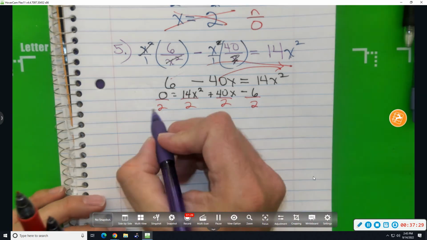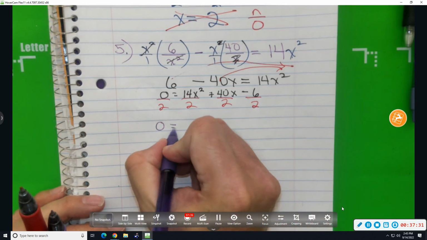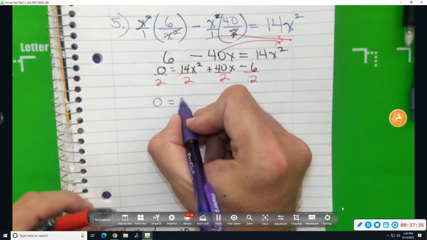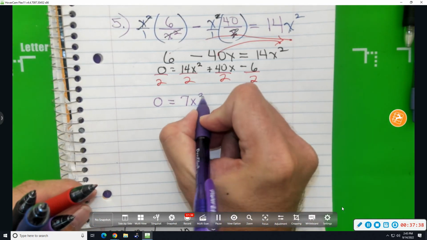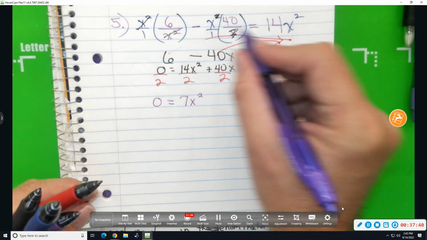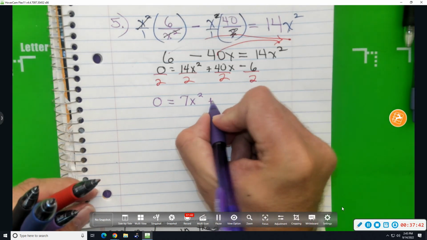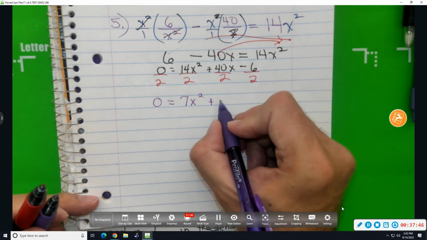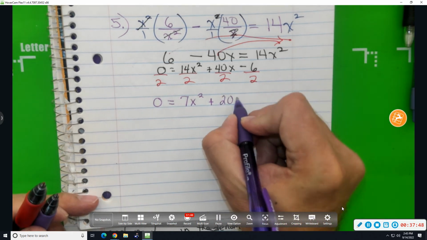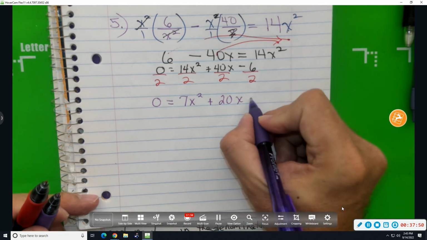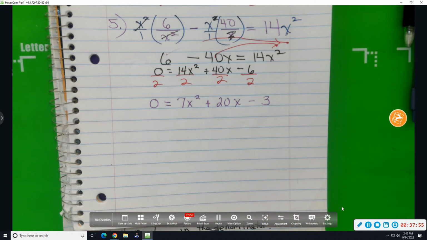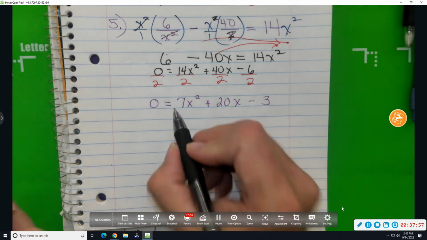We would have a 0 equals, is that a 7x squared, and then a plus 40x? Not 40, you're right. 40 over 2, what should I write? 20x. And then finally a minus 3. Well, there's not a lot of numbers.